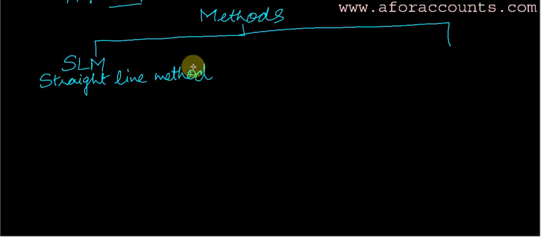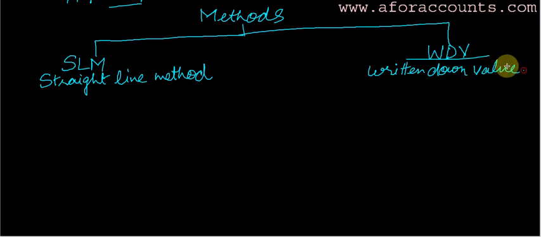And the other is your WDV, that is written down value method. So how do we go about this?